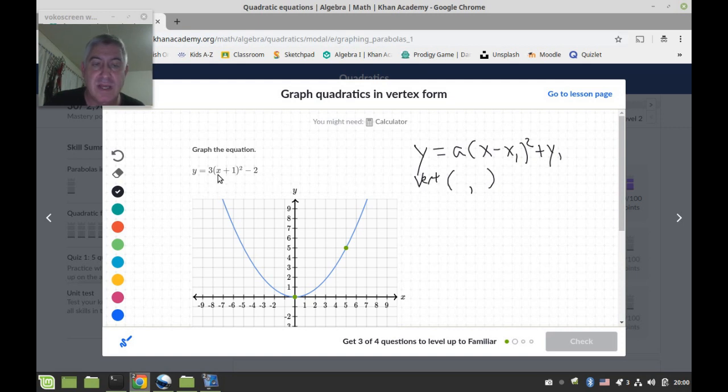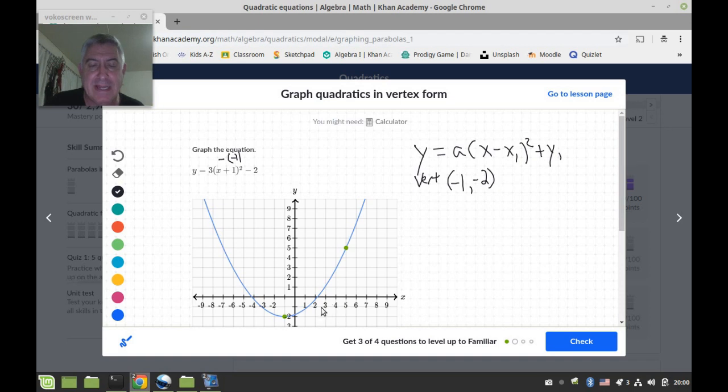So x minus x1, I have plus 1 here, so I know this is minus -1. And I got a plus y and minus 2, so I know my y value for my vertex is -2. So there's my vertex.